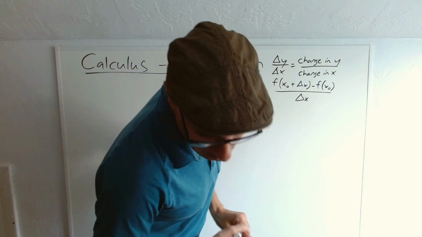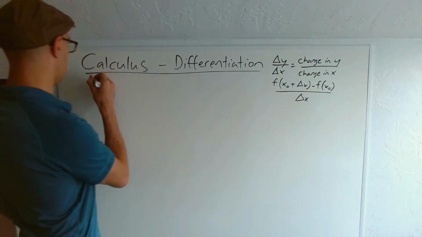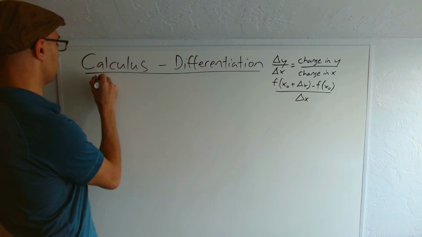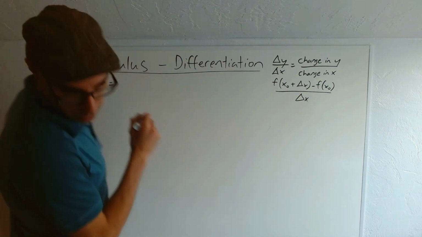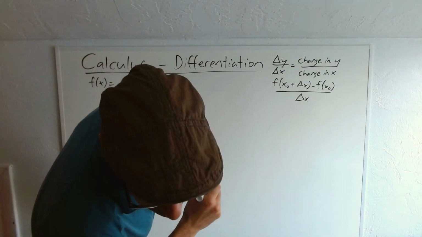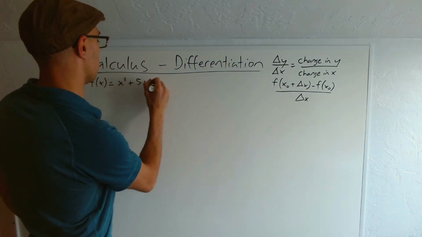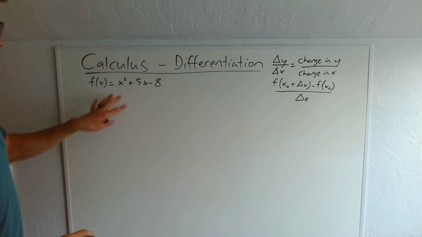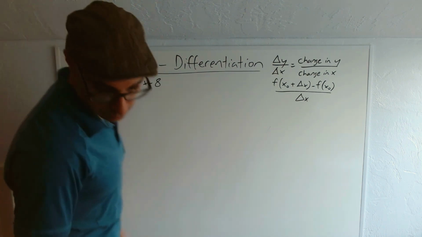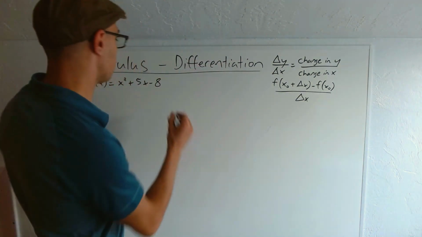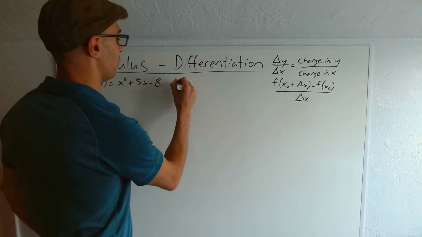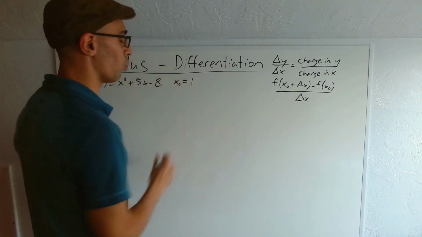So the first example we're going to look at is, let's say we have a function f of x, which is x squared plus 5x minus 8. So that is our function, and we are being told that our initial value of x is 1.